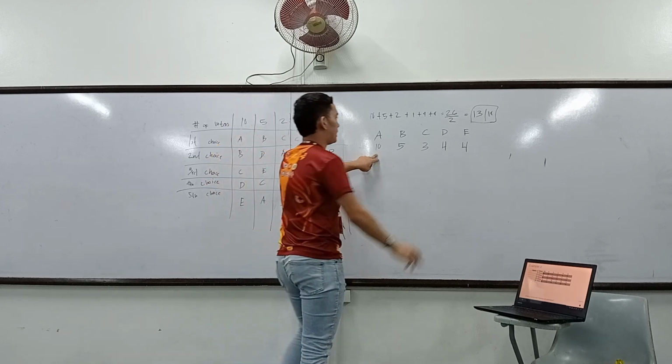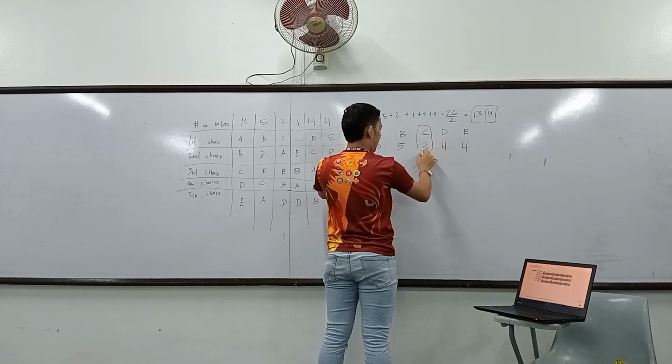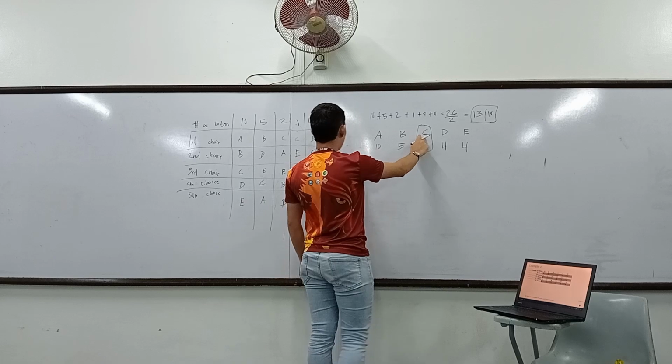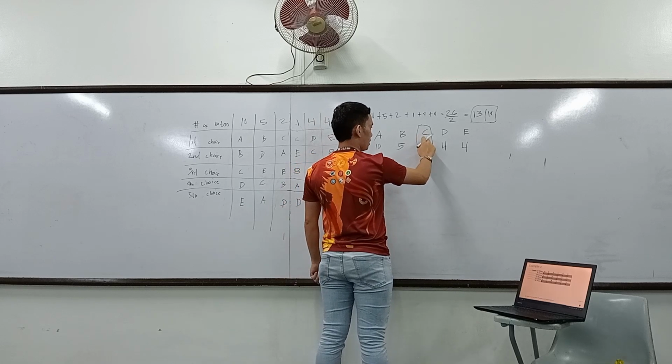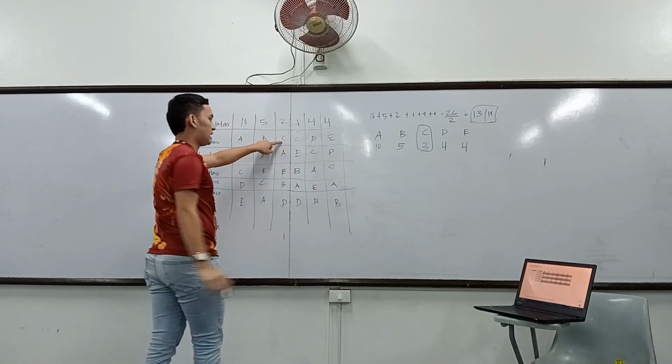So as you can see in the table, candidate letter C got the lowest votes in this election. So candidate letter C would be eliminated in this table.